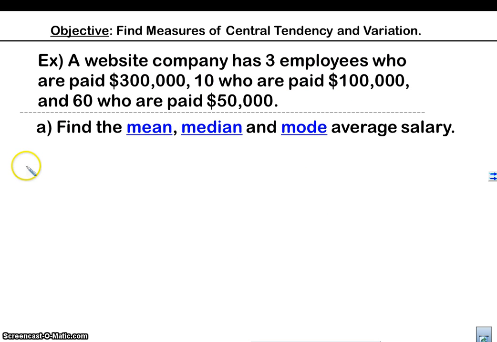Let's say we have an example here. A website company has 3 employees who are paid $300,000, 10 who are paid $100,000, and 60 who are paid $50,000. Let's find the mean, median, and mode. To find the mean, we have 3 employees at 300,000, then 10 at 100,000, and 60 people paid 50,000.